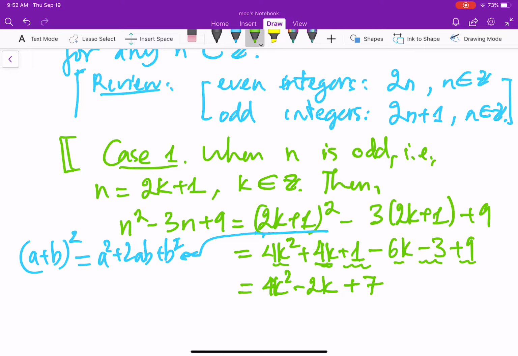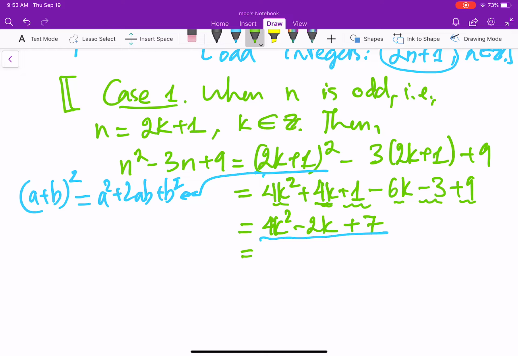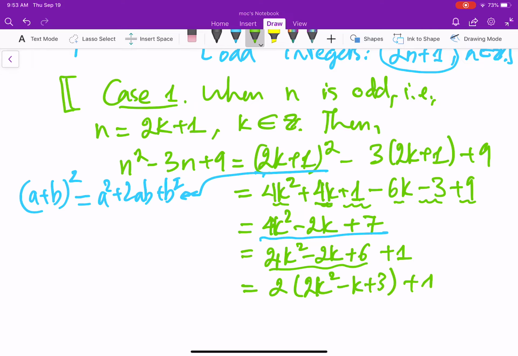I want to show that this integer is of the form 2n plus 1. So I have to rewrite this integer as 4k squared minus 2k plus 6, and then plus 1. And then we take 2 out, we have 2 times (2k squared minus k plus 3) plus 1.